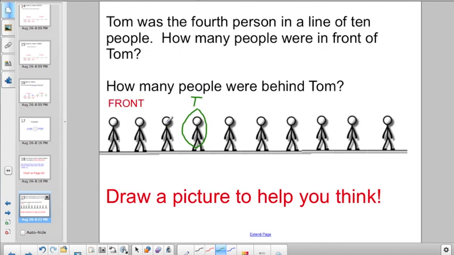If this is the front of the line, now it gets really easy, right? If you have those little stickmen drawn out. 3 people are in front of him. How many people are behind Tom? 1, 2, 3, 4, 5, 6. That's not too tough if you draw out the picture.